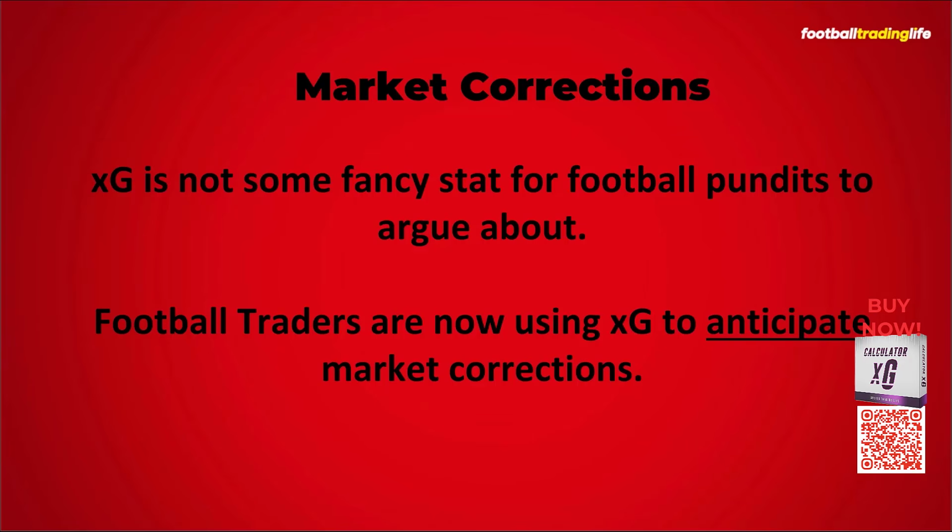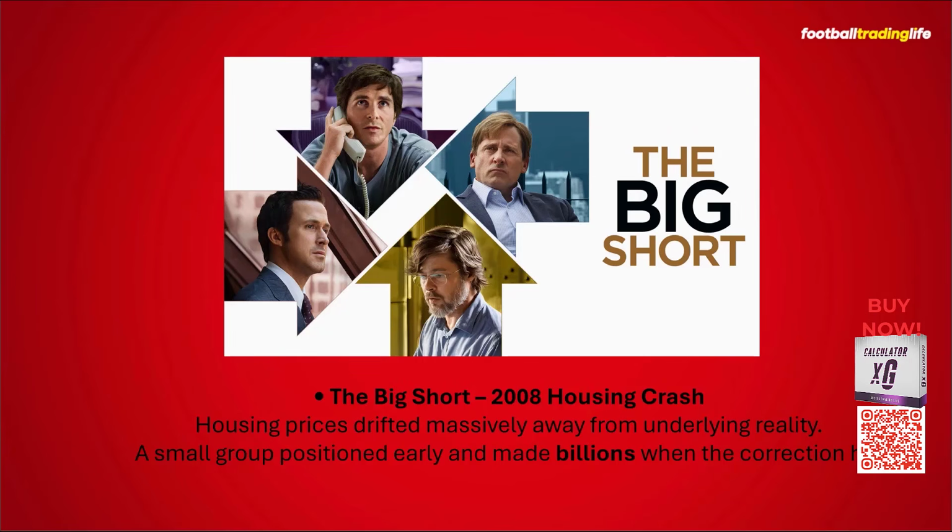So market corrections, as we know in the financial markets, a market correction can represent a huge but pretty rare opportunity. One example you might know about, 2008, the housing crash. Now, what happened there? The housing prices drifted massively away from the actual reality.